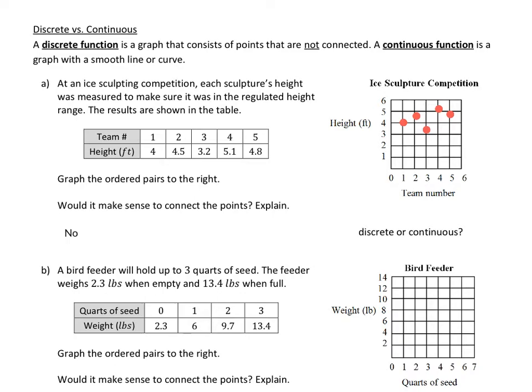So no, each team has one value. There are no values in between the domain values.